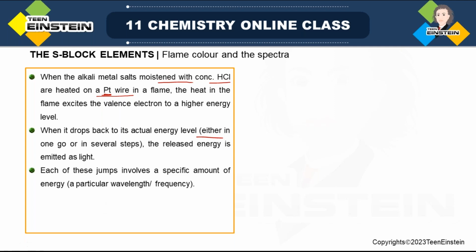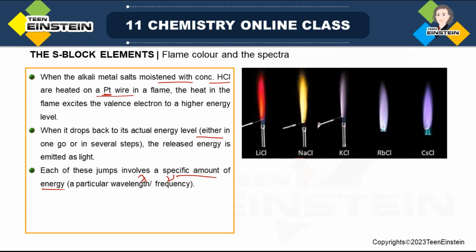But whatever it is, there is a specific amount of energy, and when you talk about energy, there is a particular wavelength or frequency. Depending on this wavelength and frequency, there is a specific color. Now, when you can see color, that means it is obviously in the visible region. Otherwise, how would you see the color?